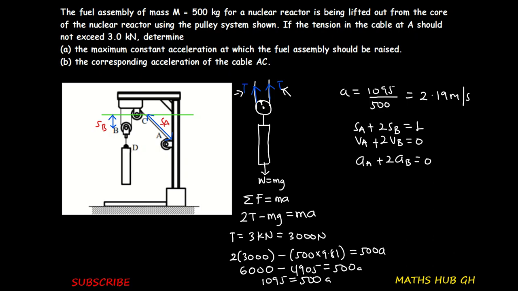So that means that you have to find this acceleration AA here, and then this AB here will be the maximum acceleration that we found, which is the 2.19 meters per second squared. So we already know the AB. So you have to make AA the subject and then substitute the value of AB inside and then solve for the corresponding acceleration of the cable AC.